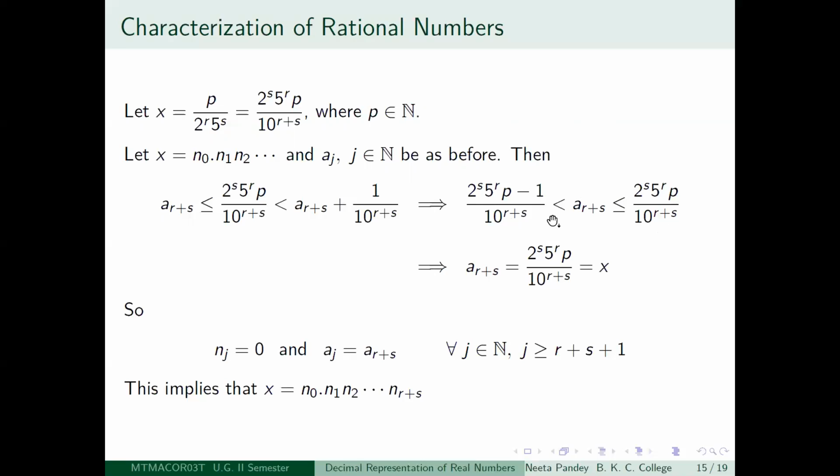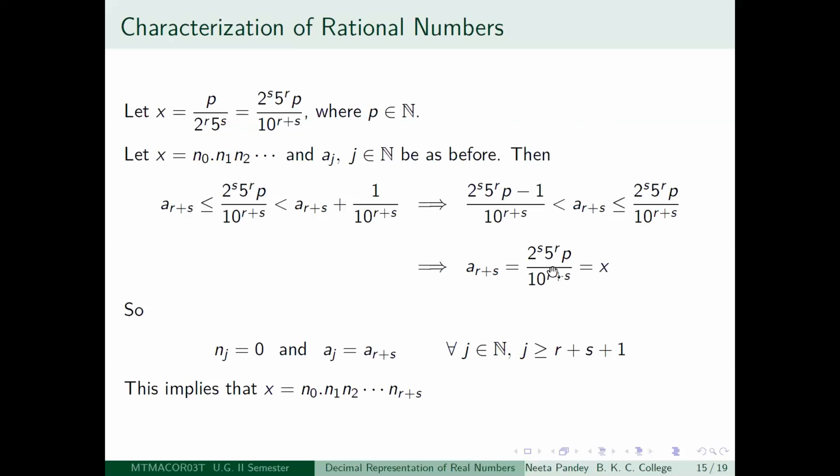And we also know that a_{r+s} can be expressed as a fraction whose denominator is 10 to the power r plus s. So the only way that can be done, once this inequality also has to be satisfied, is that, see, this is just minus 1, and if you add 1 to it, you are getting this numerator. So the only possibility is that a_{r+s} has to be equal to 2^s 5^r p divided by 10^{r+s}.